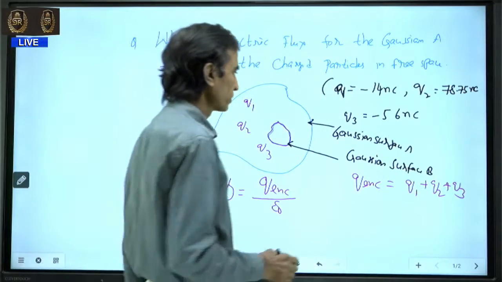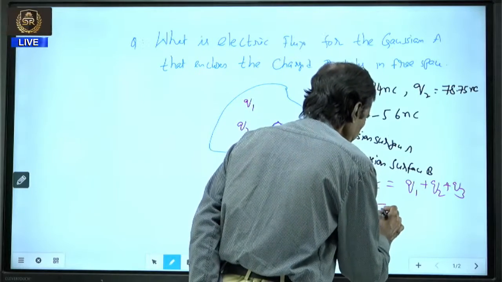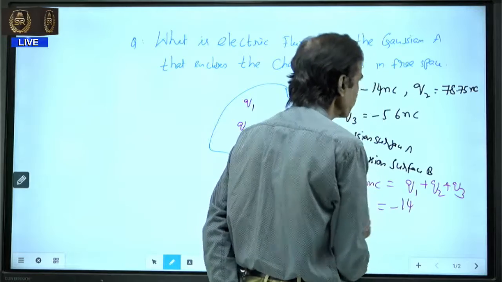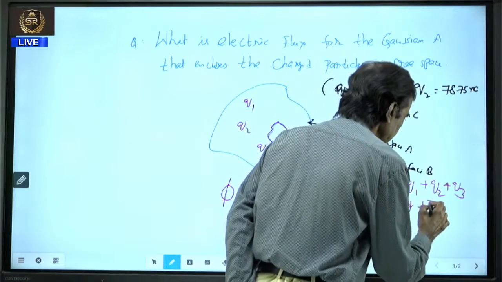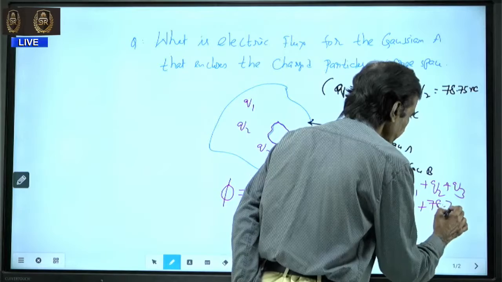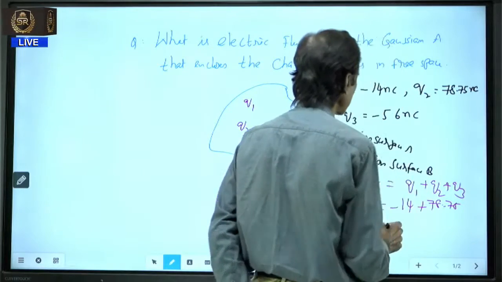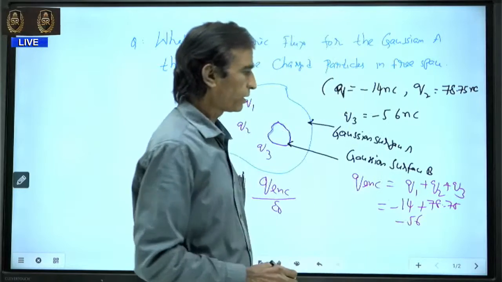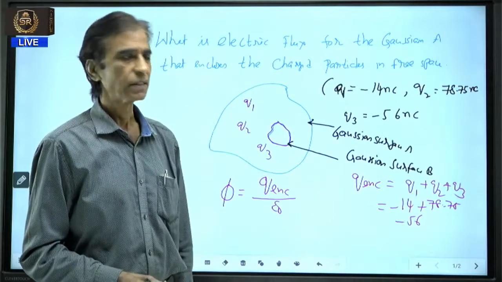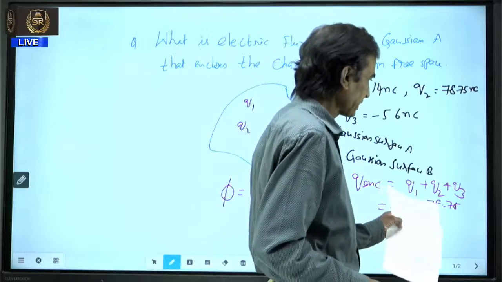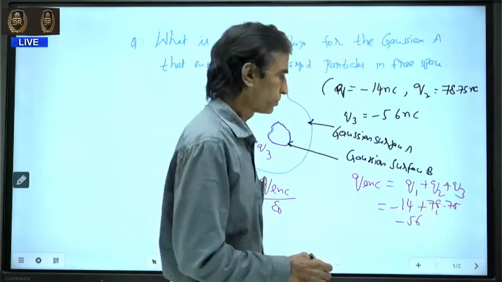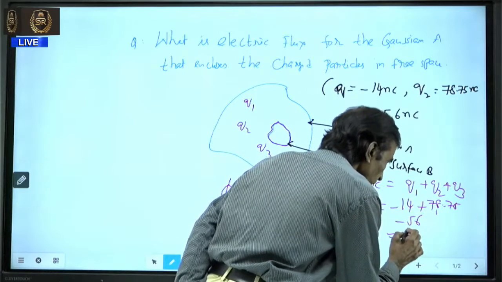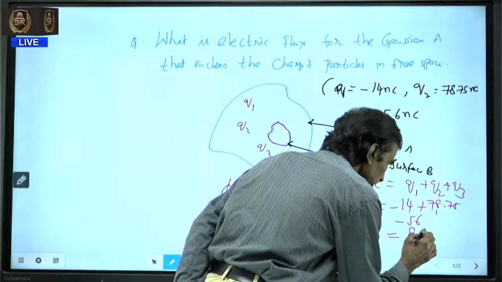Very important here. What are the values? Minus 14 nanocoulomb plus 78.75, next minus 56. Totally, 70 negative and 78.75 positive. Therefore the net charge is 8.75.